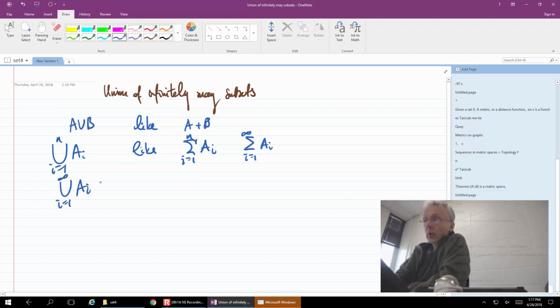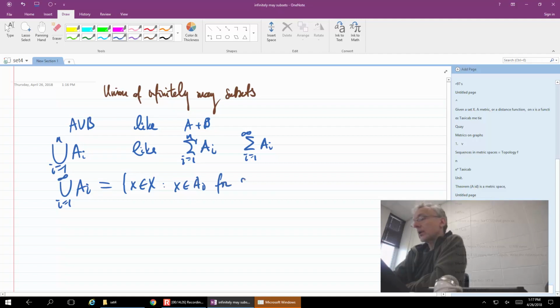First of all, what is it equal to? Well, the union is a union. So how do I write it? I'll write it as all x in X, the universal set, such that x belongs to a_i for some i.